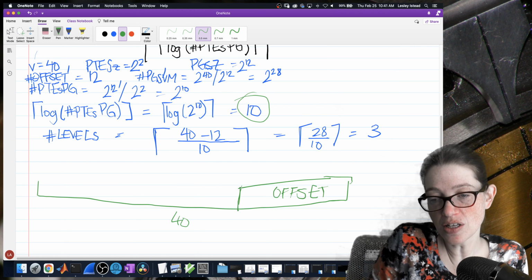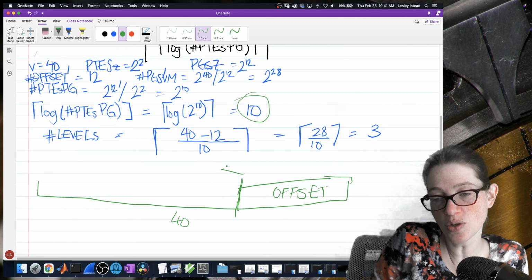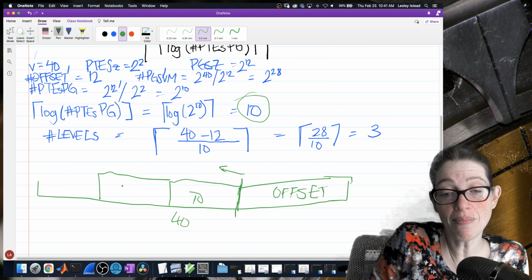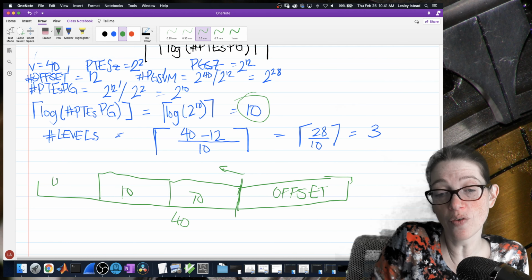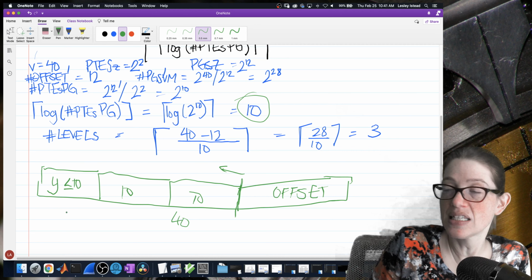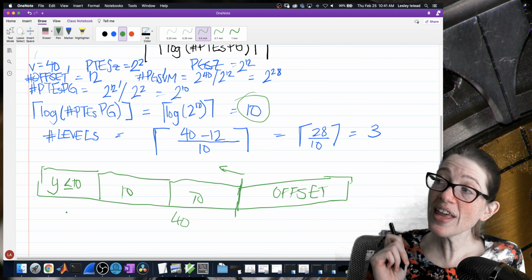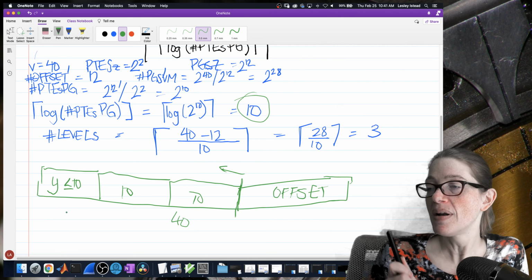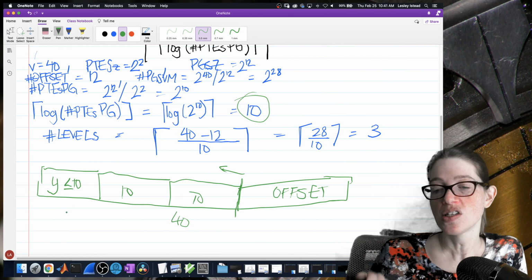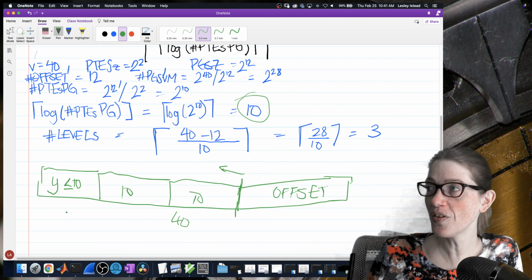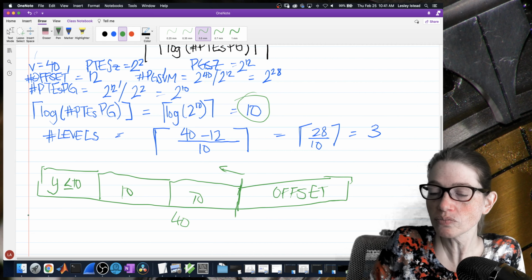So starting at the offset and working towards the high bits, I take 10 bits, and then I take 10 bits, and then there's some leftover value y less than or equal to 10 at the front, and there is the final level. It is okay for a page table to be smaller than a page, but it is not okay for it to be bigger. So there's a pictorial way you could picture how this level formula actually works. Hopefully that's really helpful for you.